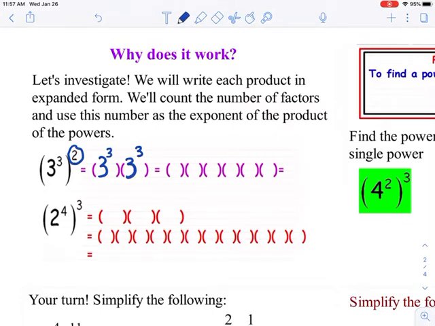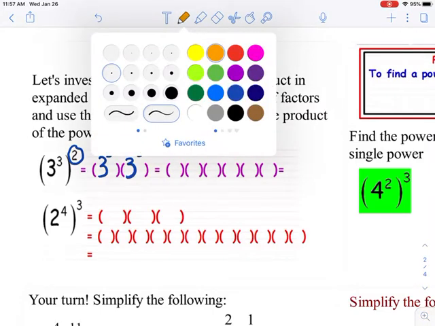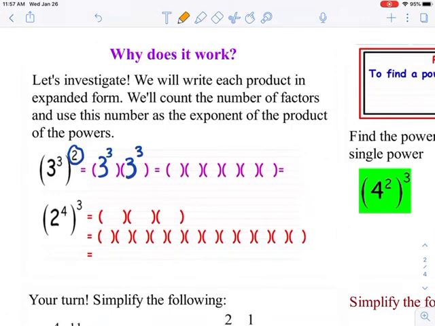Well, if I break it down further, 3 to the third is 3 times itself 3 times. I have another 3 to the third, so that's another 3 threes. And if I look here and I count, I have 3 times 3 times 3 times 3 times 3 times 3. That's 3 times itself 6 times, which is just 3 to the 6th.